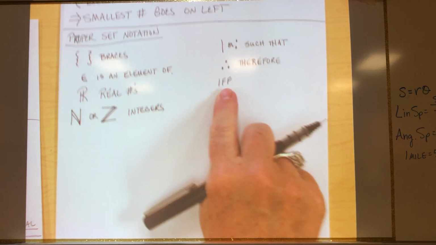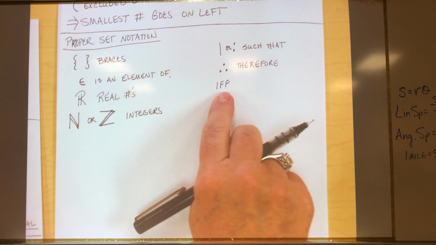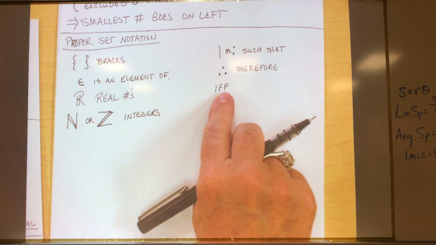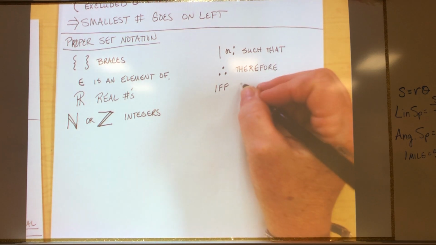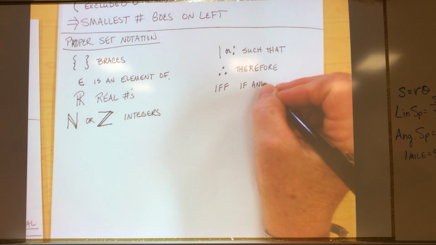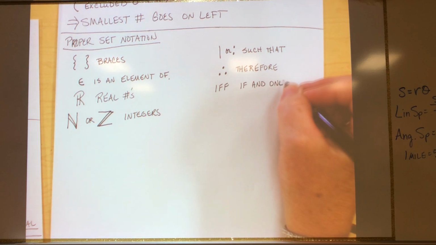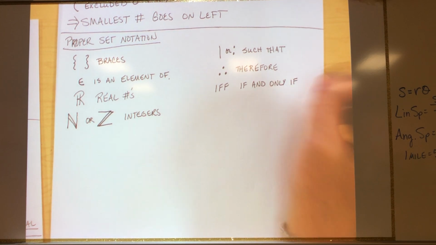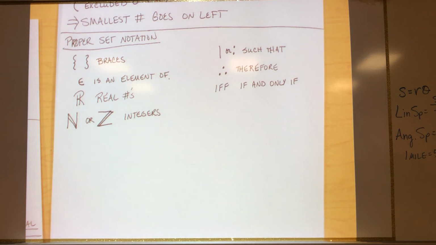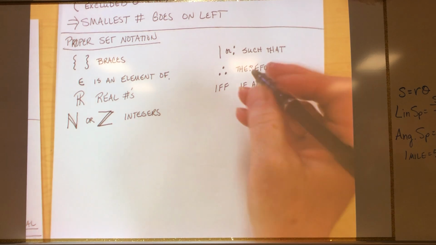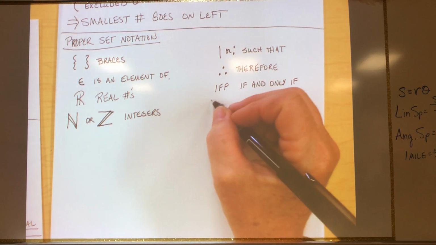Sometimes you'll see this. Whenever I write it, a lot of times the kids will be like, you misspelled if. And I'm like, no, I didn't. Okay, because this means if and only if. Okay? One more.